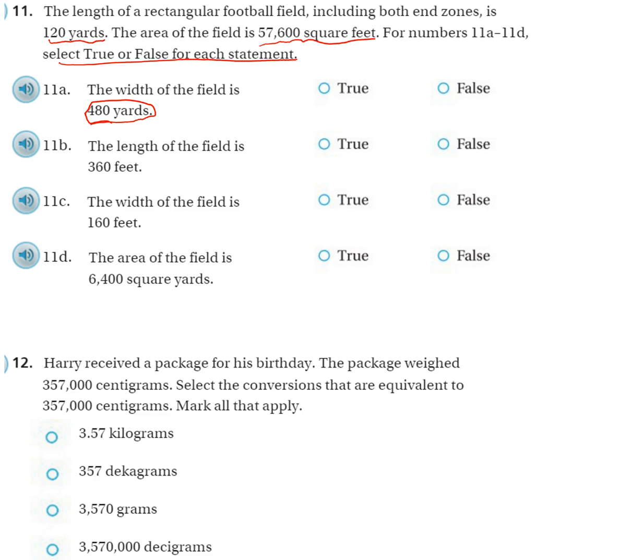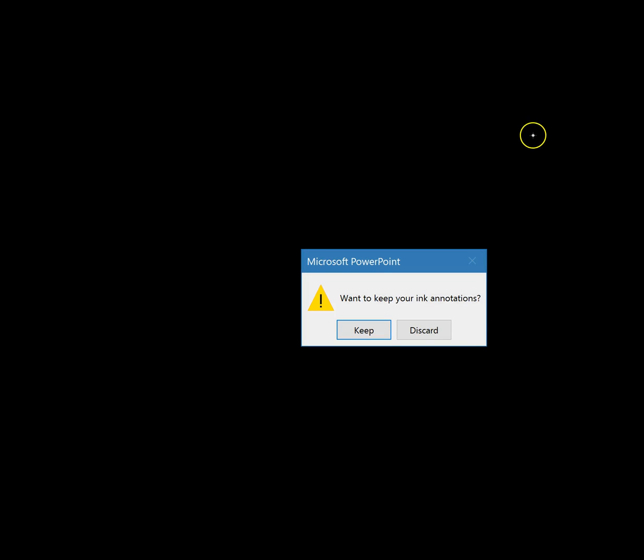Well, to figure that out, we know the length, so we can draw a little model of the football field. The length is 120 yards, and the area of the field is 57,600 square feet.